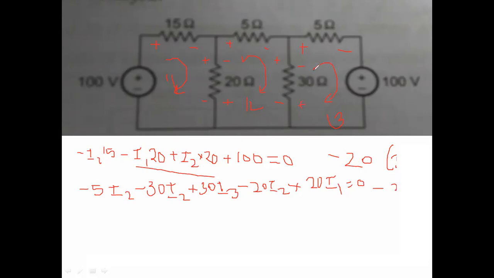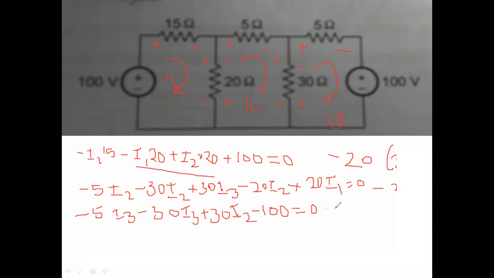Next, the third one we can obtain from the third loop: minus 5 into I3, minus 30 into I3, plus 30 into I2 for the opposite current, minus 100, equal to 0.